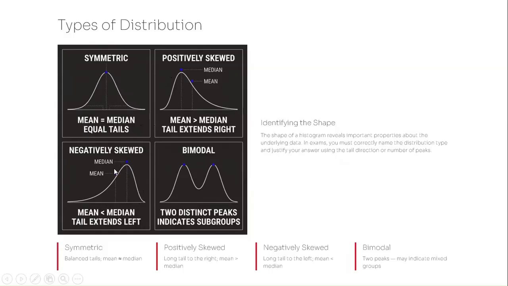Negatively skewed means the mean is less than the median and the tail extends to the left. Bimodal means two distinct peaks, which indicates subgroups. Skewness is always determined by the tail, not the bulk of the data.